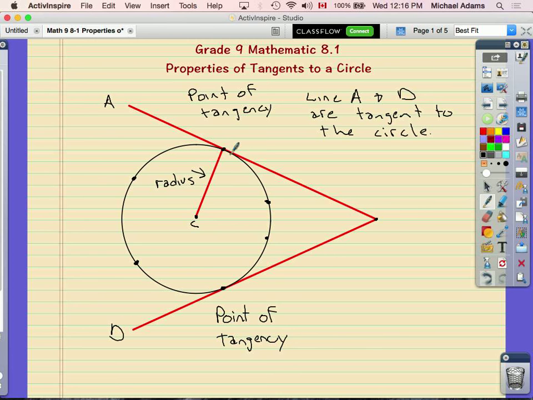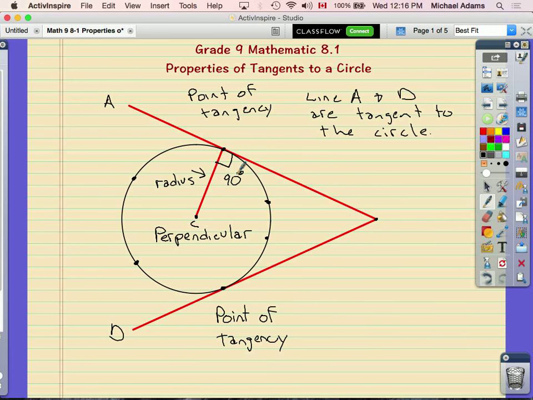If you didn't notice it, the radius and the tangent line form a 90-degree angle. Or we could say that the radius and the tangent line are perpendicular to each other. And when they are perpendicular to each other, it forms an angle of 90 degrees.